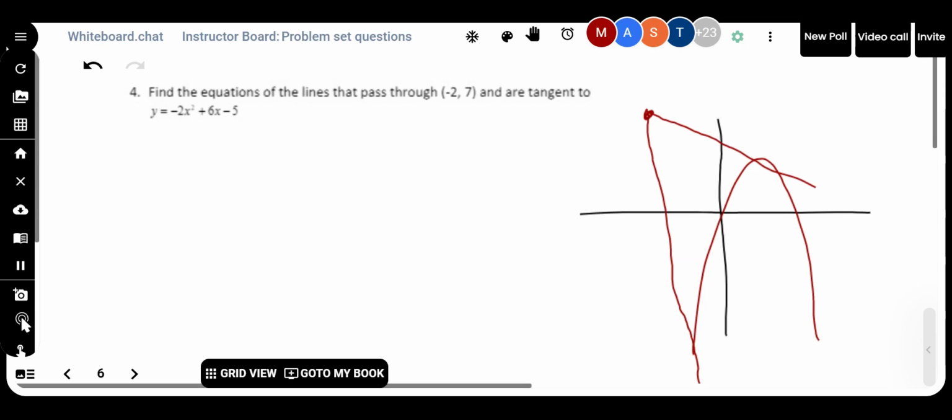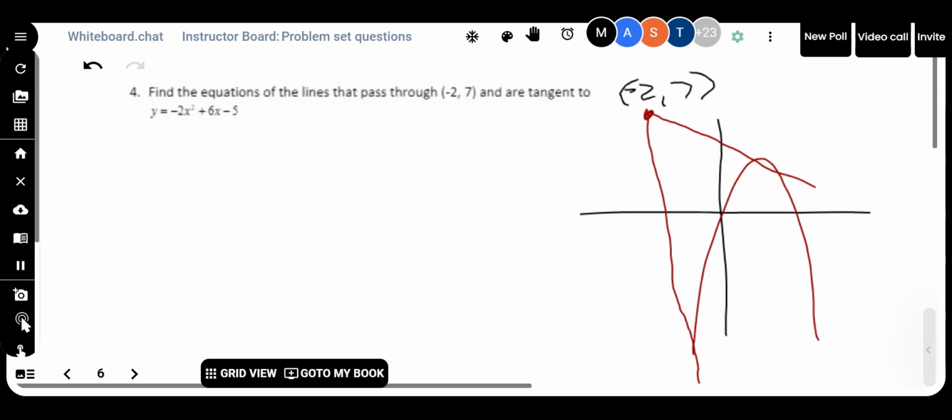So we have a point, and let's say this point here is -2, 7. Not exactly -2, 7, but it's somewhere up here. I'm just going to label that -2, 7. And there's a function, a quadratic function that's turned down, -2x squared plus 6x minus 5.